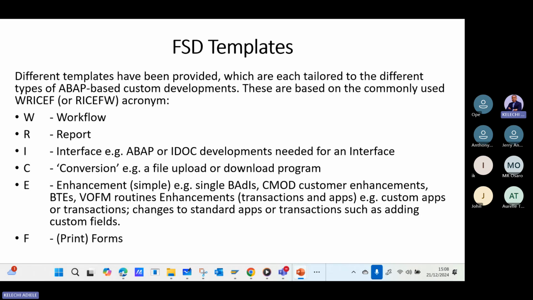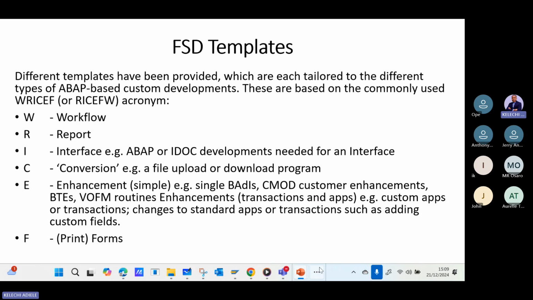And forms: customer forms, vendor forms, VAT filing forms, all those are requirements too. All the gaps you have identified will fall into one of these RICEFs. So your gaps might either be workflow issues, report issues, interfaces, conversions, enhancements, or forms.